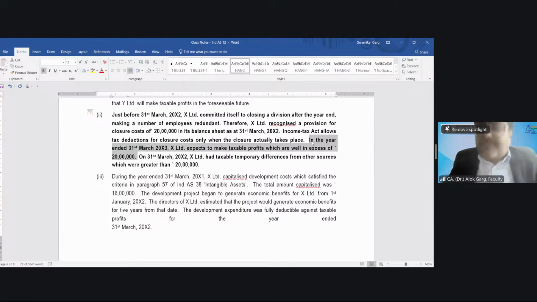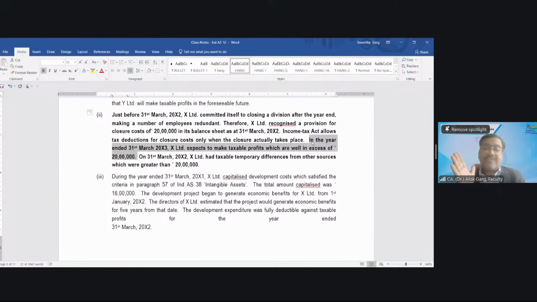So, in this question, in 2003, what will happen? This expense of 20 lakh will be allowed in the year 2003 when it is actually paid, when it actually takes place. And the question is telling you that in the next year they have sufficient taxable profit.